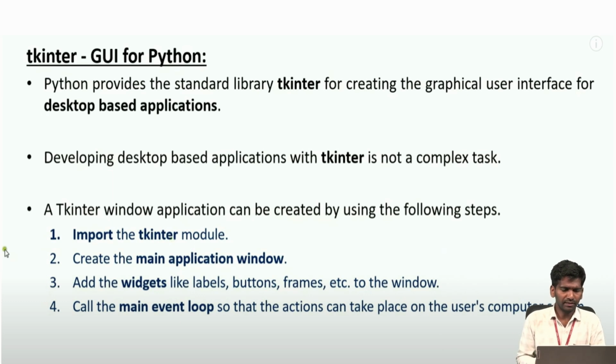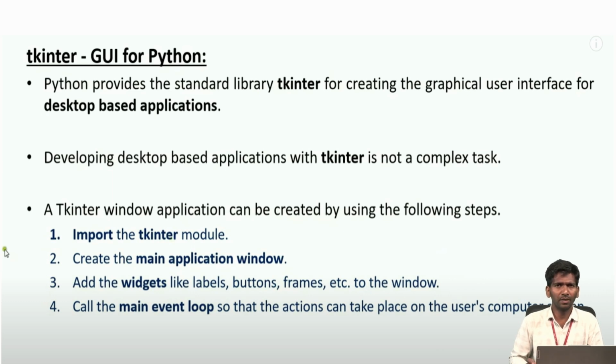Then in that application window we add the widgets, nothing but labels, buttons, frames, all those, in the created window. In the second step we are creating the window, right? In that window we will add all the buttons, checkboxes, labels, radio buttons, and everything. Next we will call the main event loop.